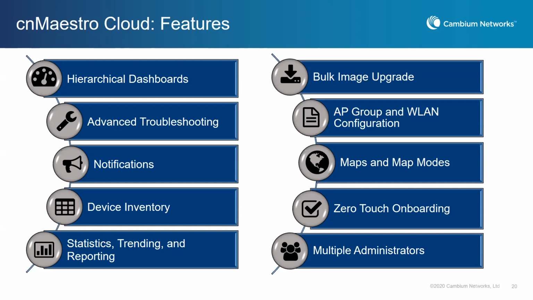Then you also have zero-touch onboarding, which pre-configures the Cambium devices so that they are automatically onboarded and connected to the network. It also allows you to have multiple administrators, so you can invite colleagues by email to manage your devices in your organization's cloud controller.